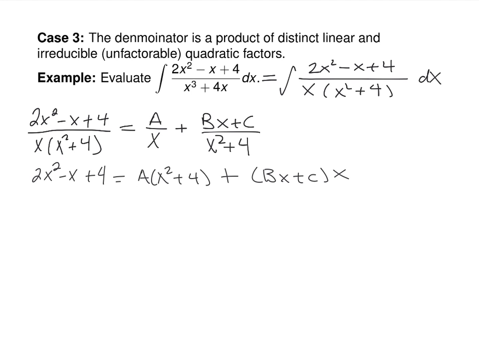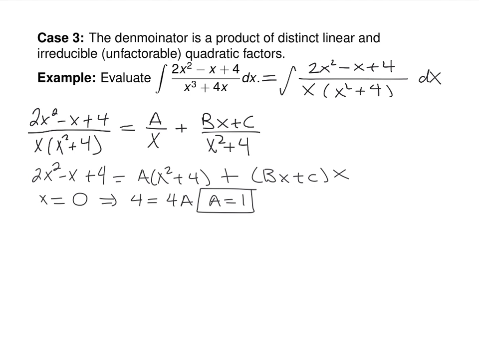This is another instance in which the cover-up method can be used to partially solve, but not completely solve. So we can start it that way, like if you plug in x equals 0, that will kill off one of the factors. You get 4 equals 4a, and you know that a is 1, and any information is helpful, so that's great.